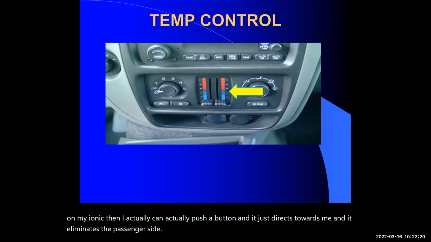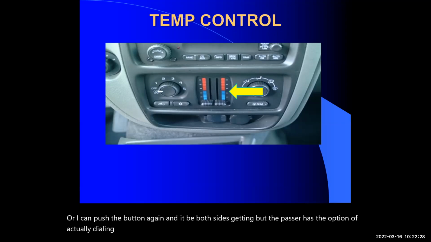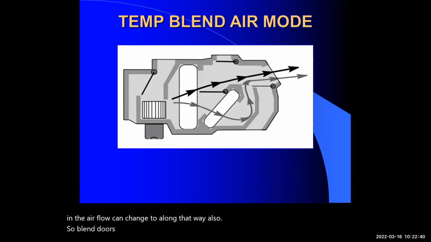Or I can push the button again and it'll be both sides, but the passenger has the option of dialing in a different temperature than what I might have. And the airflow can change along that way also. So blend doors, there are different modes, and we're going to get into this in a little bit here.